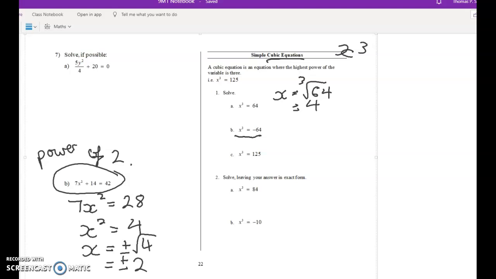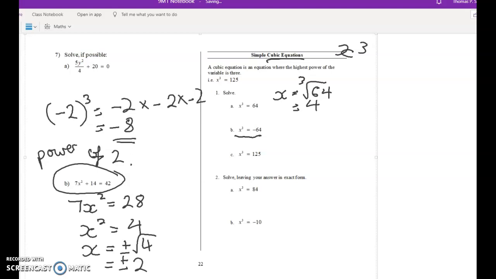We can actually cube root a negative, because if we just take an example like minus 2, and we cube that, then that would equal minus 2 times minus 2 times minus 2, which would give us negative 8.